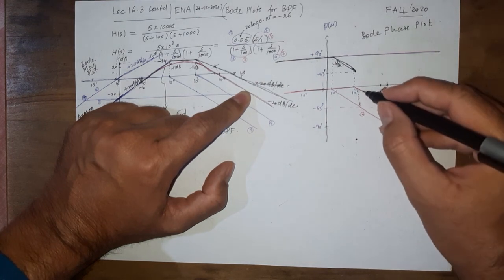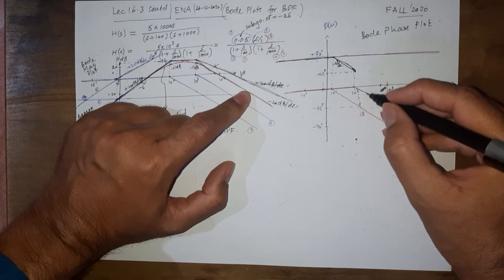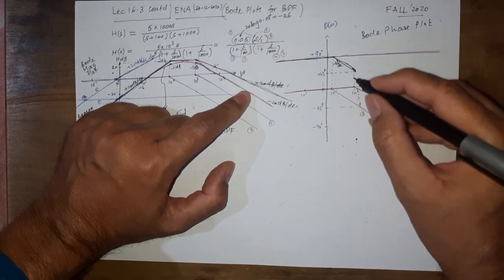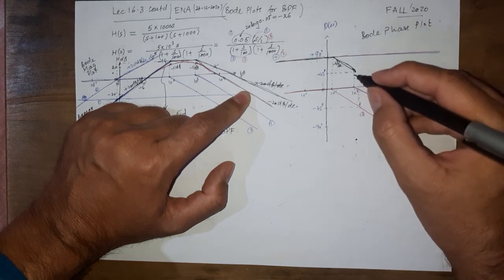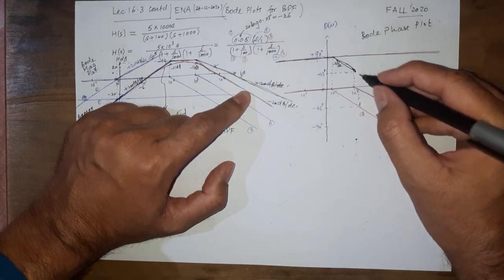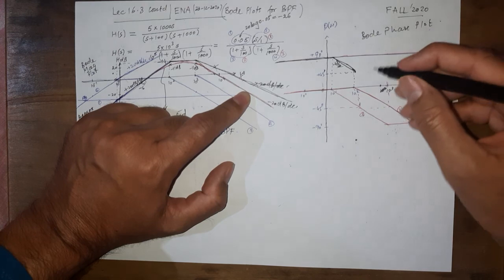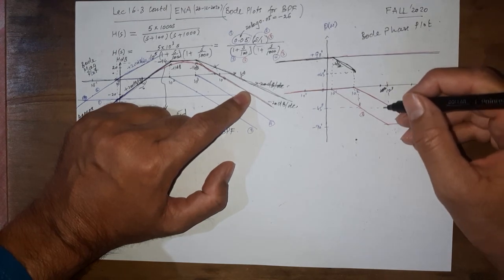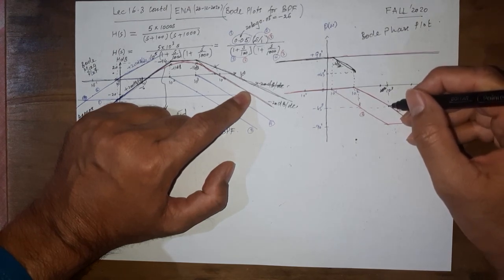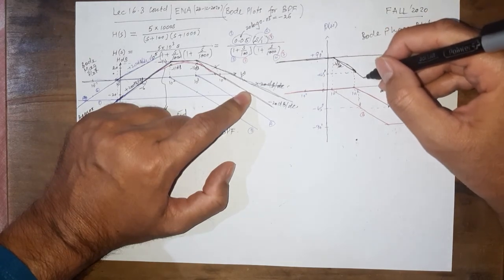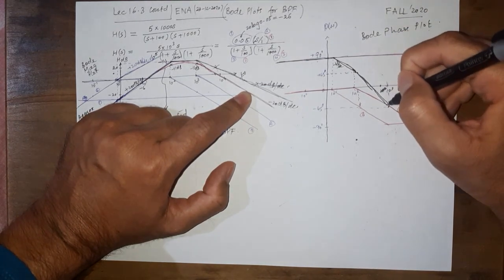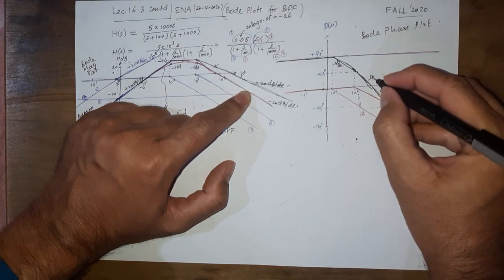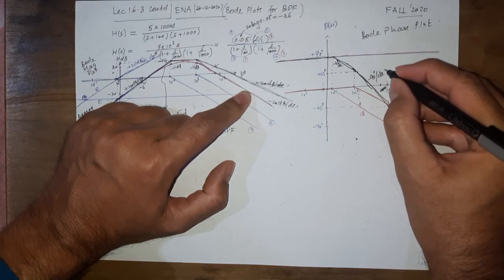However, at this point there is another line that is starting to fall. So this is going down with a slope of minus 45, then another line gets added to it. So it will start falling with a slope of minus 90 per decade. So it will fall to this point, and the slope of this fall will now be minus 90 degree per decade.